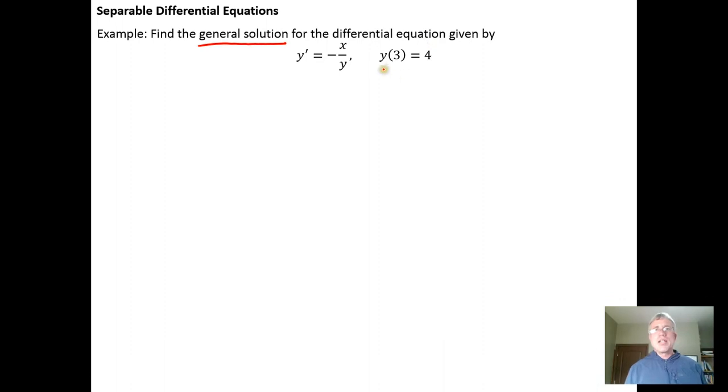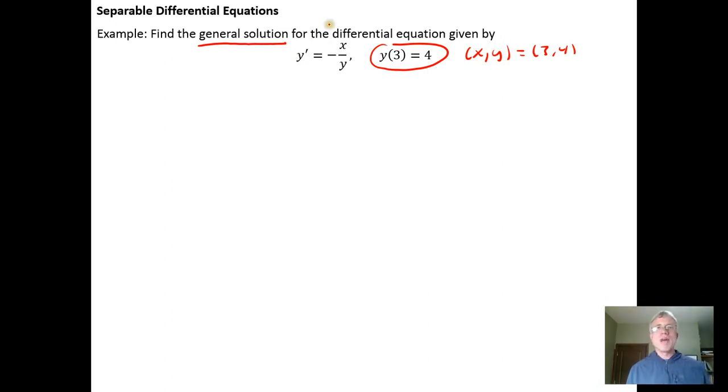So the idea is, if we're given additional information about the differential equation, and here we're being told that when x is equal to 3, y is equal to 4, so we're being given the ordered pair (x, y) equals (3, 4), then receiving this additional information makes this into an initial value problem.